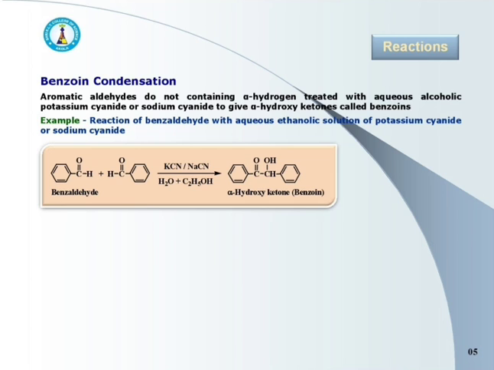This CN negative ion attacks the carbonyl carbon of benzaldehyde, acting as the nucleophile. It combines with another molecule of benzaldehyde, transfer of proton and loss of cyanide anion take place to form the final product, that is benzoin. This is the benzoin condensation.